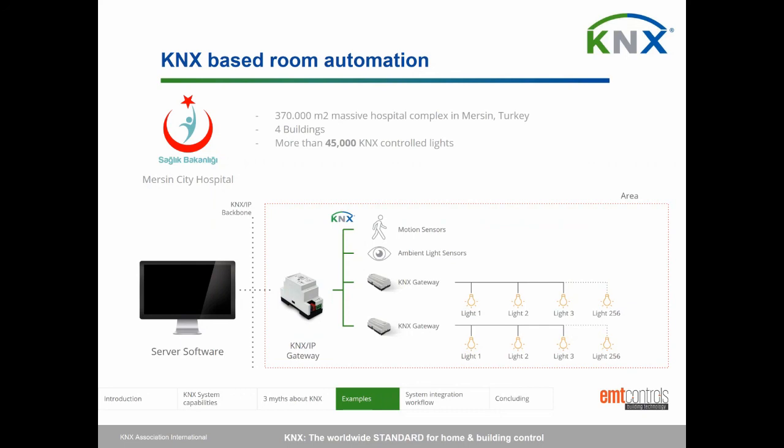Next, City Hospital in Mersin. It's a huge complex of 4 giant buildings where each single light is controlled by KNX. The whole lighting system is connected to motion and ambient light sensors, which are located on the KNX bus, and they define the system behavior.